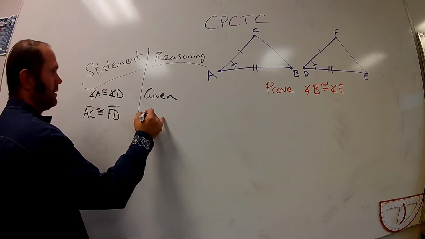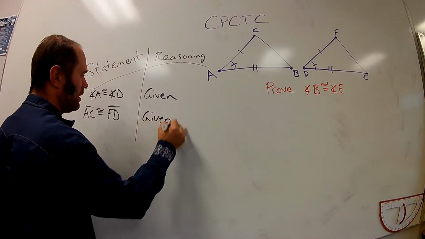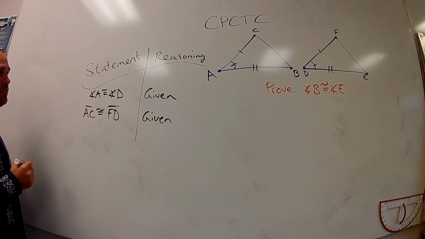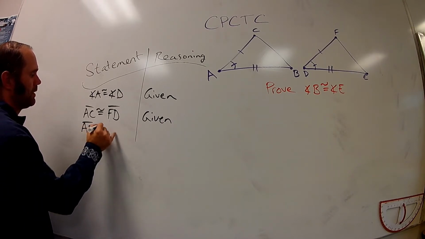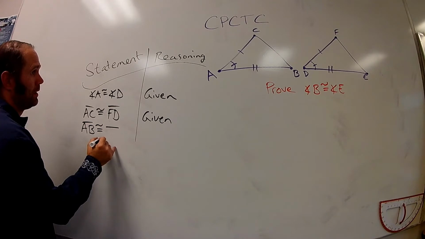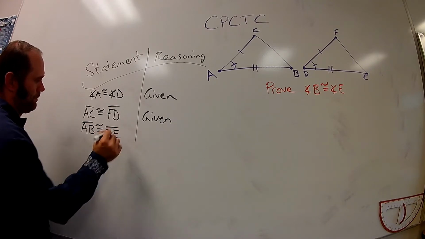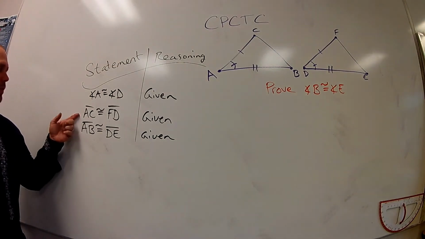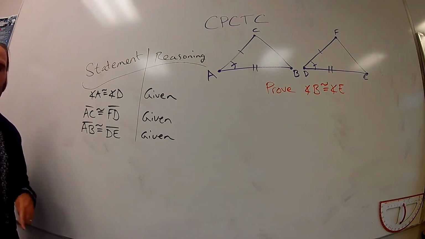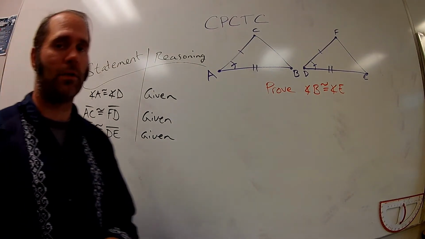That's also given. And that segment AB is congruent to segment DE. It's also given. Notice that the order in which you write your segments does not matter.